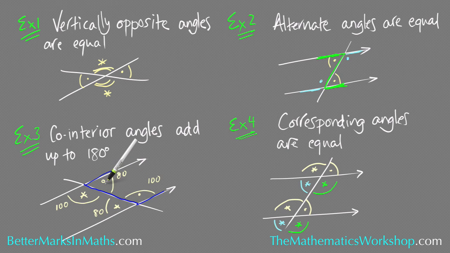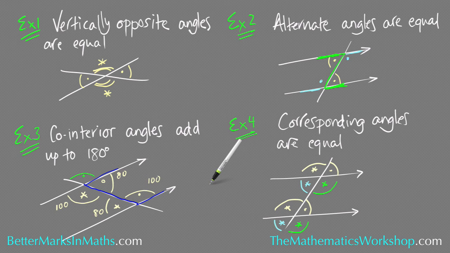There are 2 sets of alternate angles, which I've already mentioned, so here and here and here and here. And then there's the 4 sets of corresponding angles, just like I marked in this diagram. So one of them would be here, and then the other one would be this one here. And so there's lots of angles, particularly these 3 types that you'll get when you have a straight line crossing 2 parallel lines.